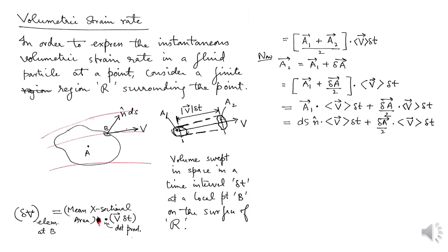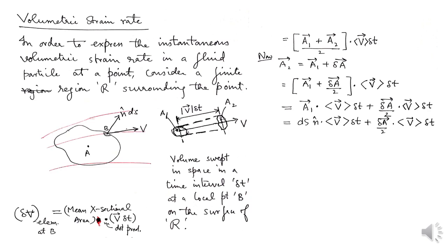And you will appreciate that the instantaneous fluid velocity at point B would be tangential to the streamline passing through that point B. So in general it may be totally misaligned with the unit vector n cap, as shown in the figure.